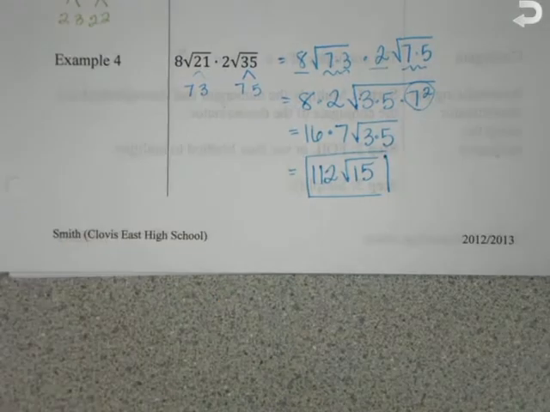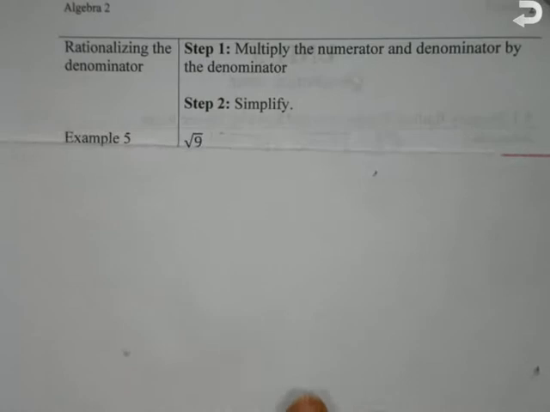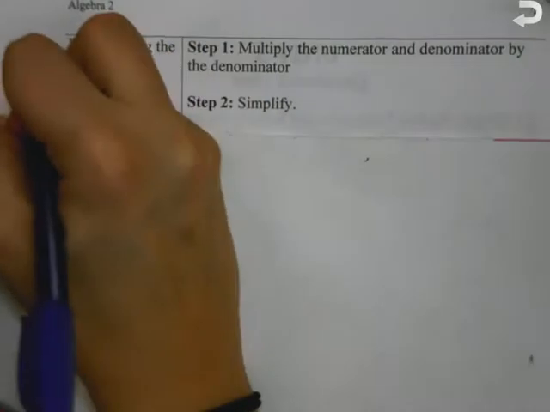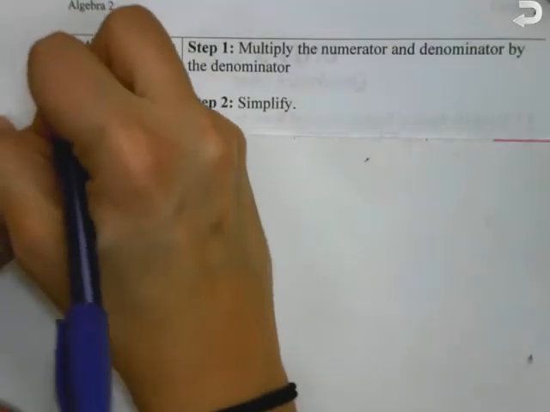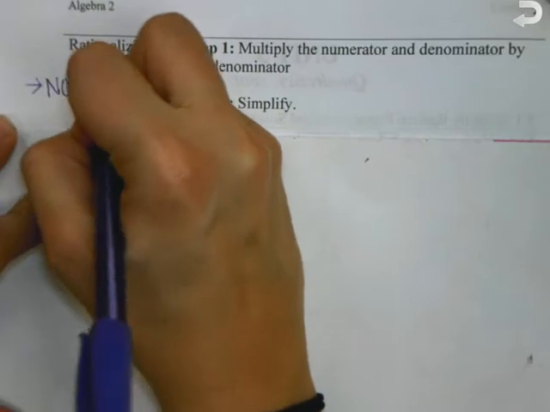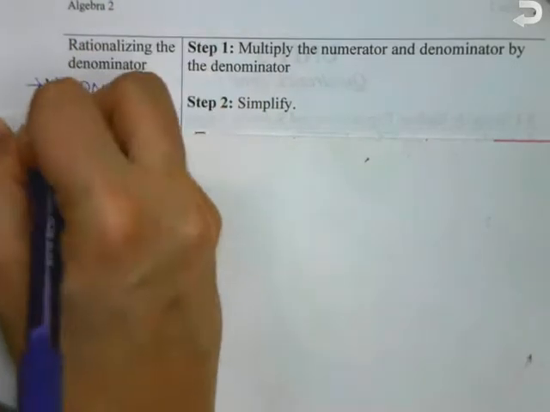Okay, let's look at what happens when we have radicals with fractions. One thing we need to remember, when we have fractions with radicals in them, there are no roots allowed in the denominator. So absolutely no roots in the denominator.